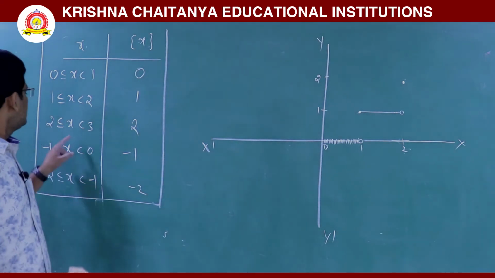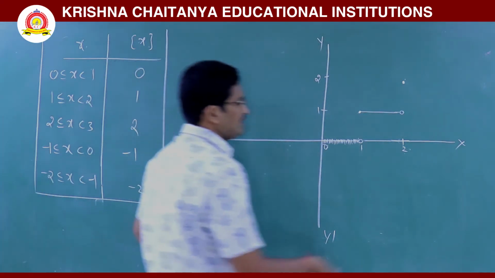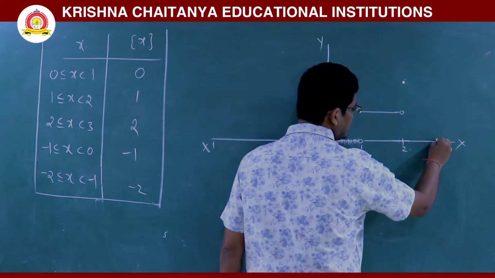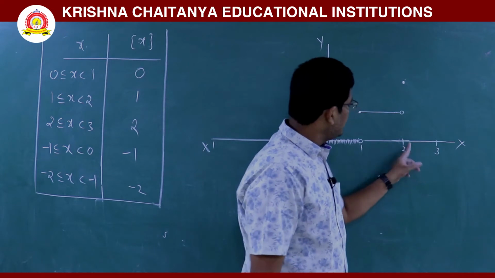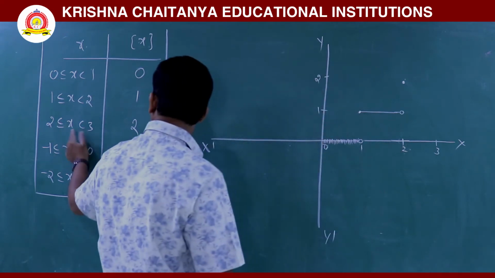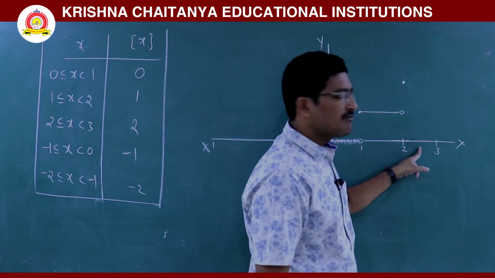So after 2, if x lies between 2 to 3, then step x is 2. If x is 2 point something, step value is 2.